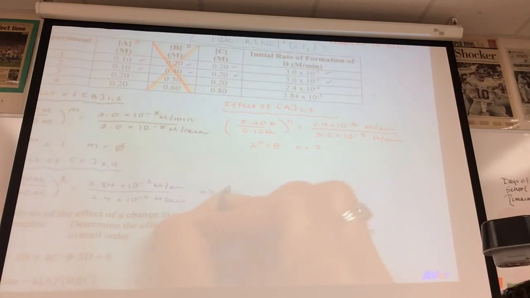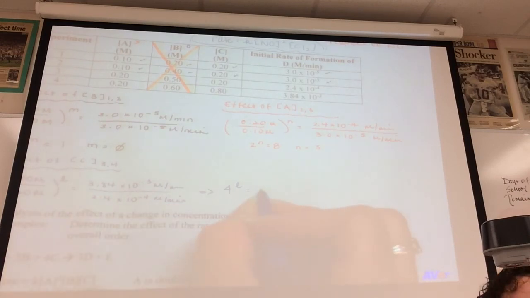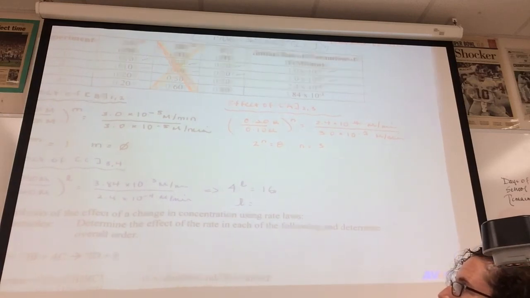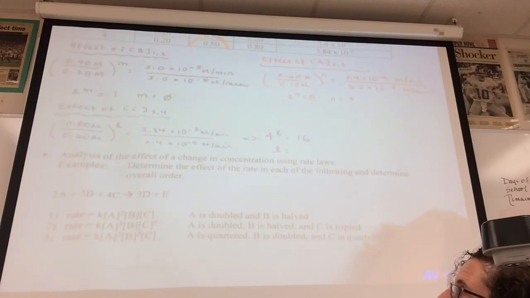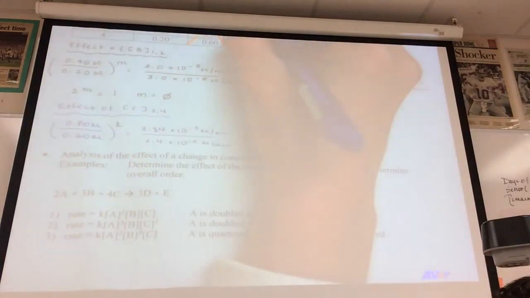We have 4 to the L is equal to, I'm guessing that's 16, yes? So L is equal to, what's L equal to? 2 is correct. So I'm going to put a 2 there.